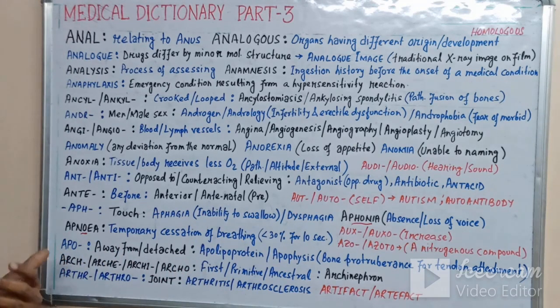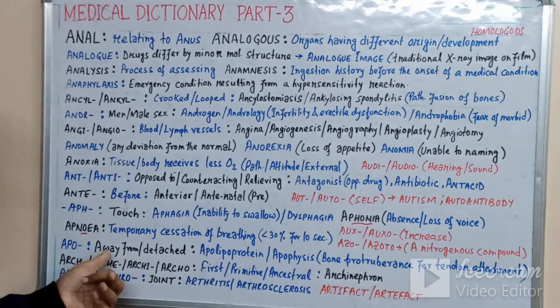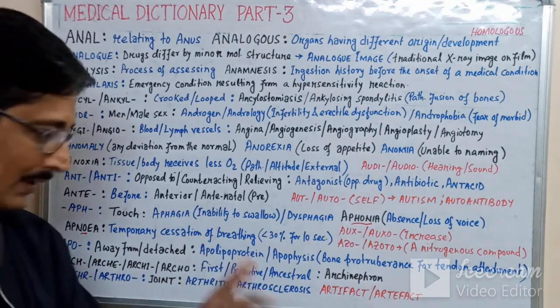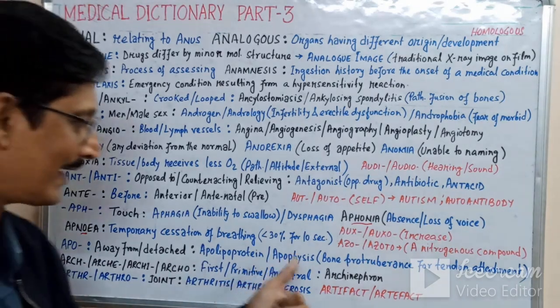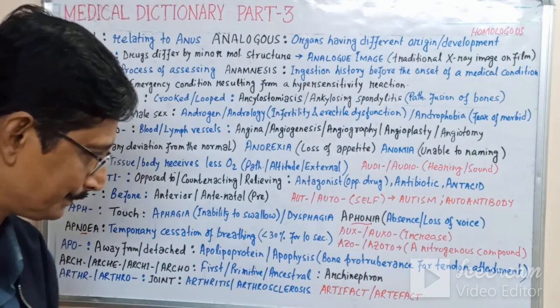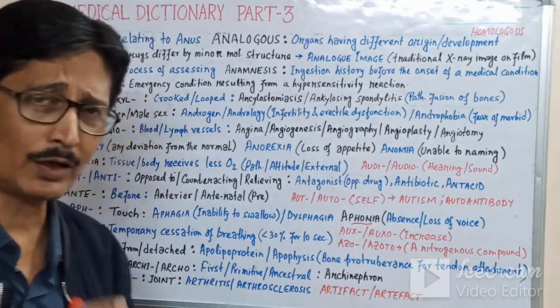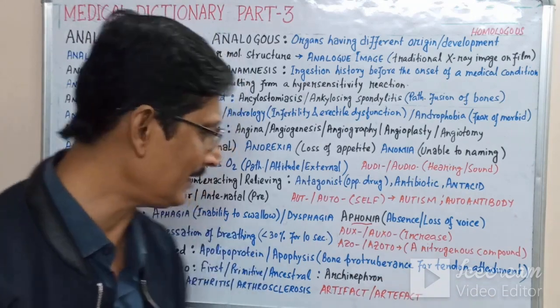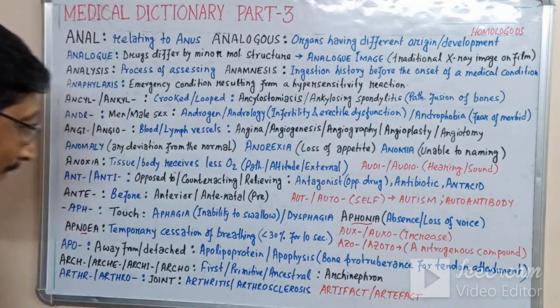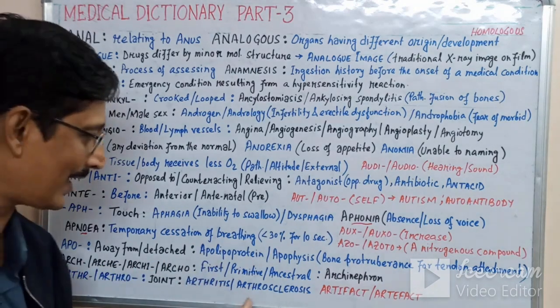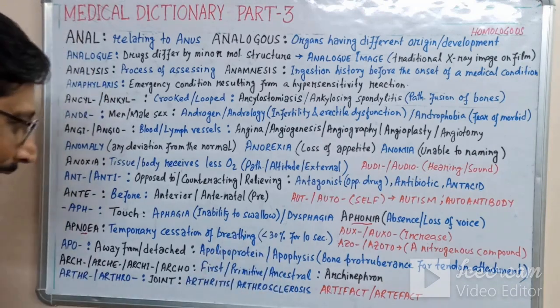Now apo is a prefix again. Apo means away from or detached. The apolipoprotein is a common word, or apophysis. That means a bone protuberance or protrusion or projection, a bone projection for tendon attachment is called apophysis. Or arc or archy or archi or arco means fast or primitive or ancestral.